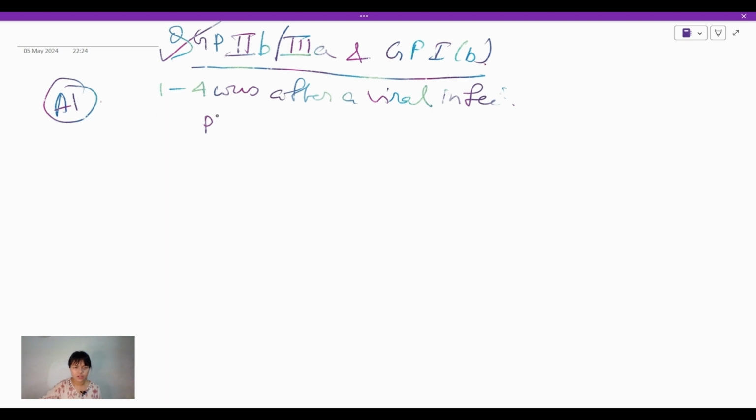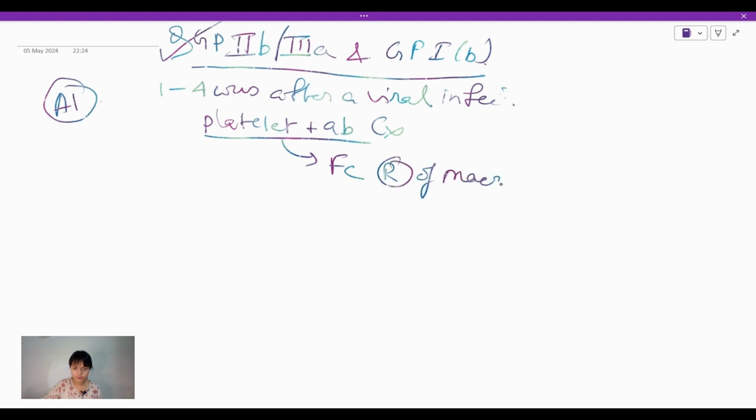Okay, and there is a formation of platelet antibody complex which attaches to the FC receptor of macrophages in RES, thus causing the destruction of platelets in the spleen.